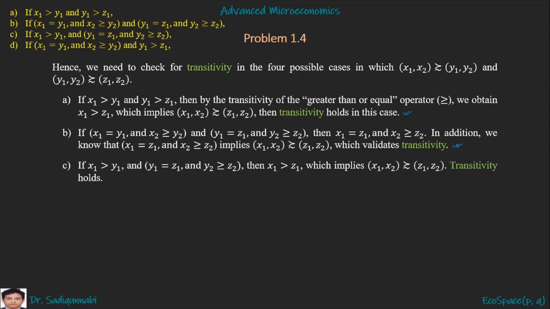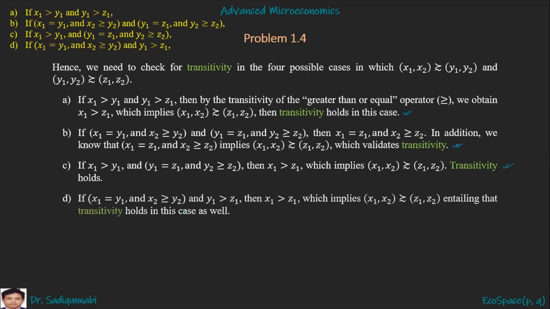The third case says X1 is greater than Y1 and Y1 equals Z1, Y2 is greater than or equal to Z2, then obviously X1 is greater than Z1, which implies again X is preferred over Z. Transitivity also holds here. Let's see case D, or case 4.